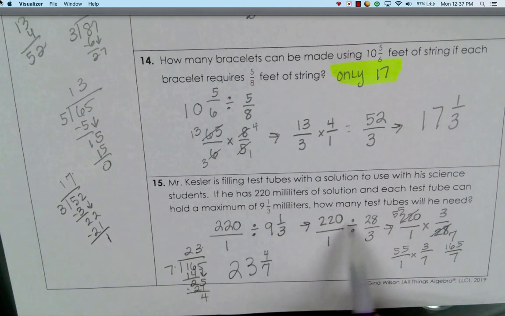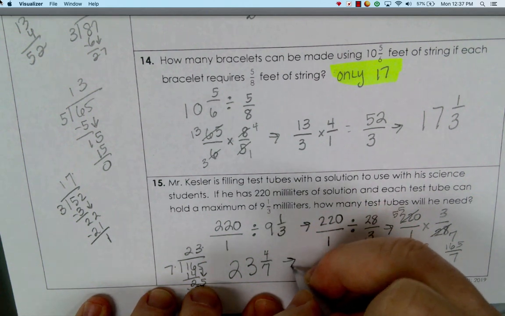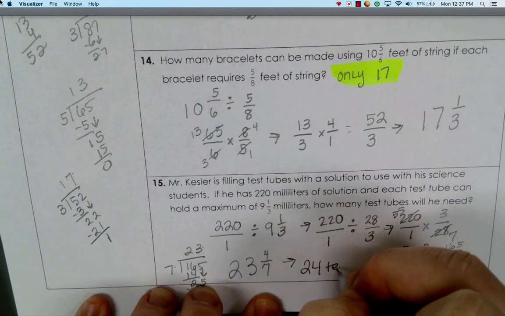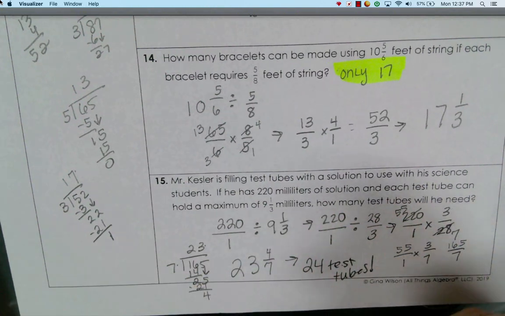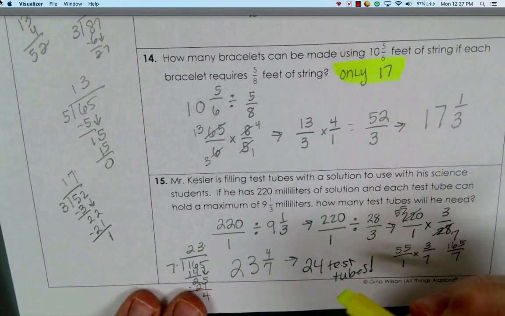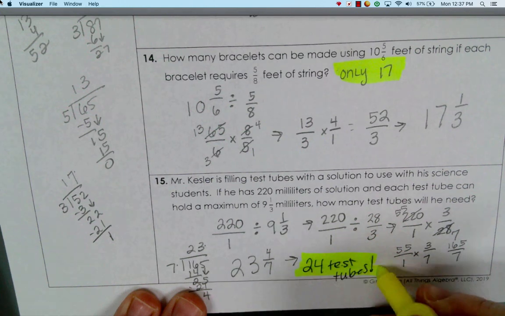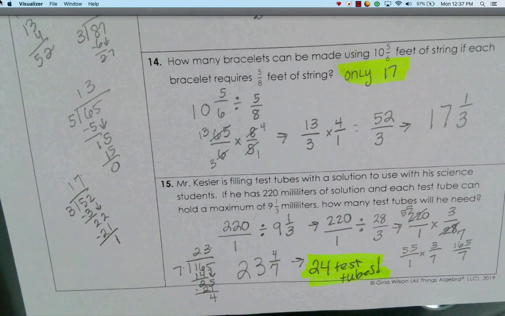The question is, how many test tubes will he need? So here's the thing. You're still going to have fluid left over. So in this case, you're going to have to round up. You will need 24 test tubes. Okay? There we go. That was a lot, I know.